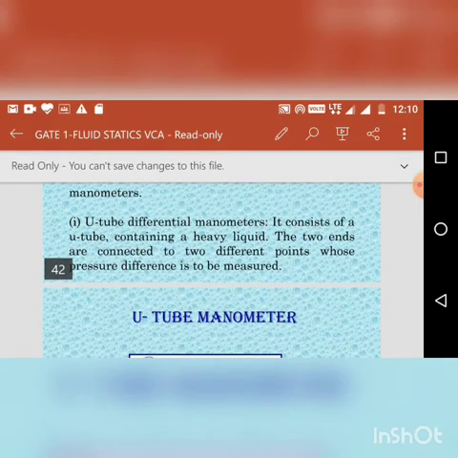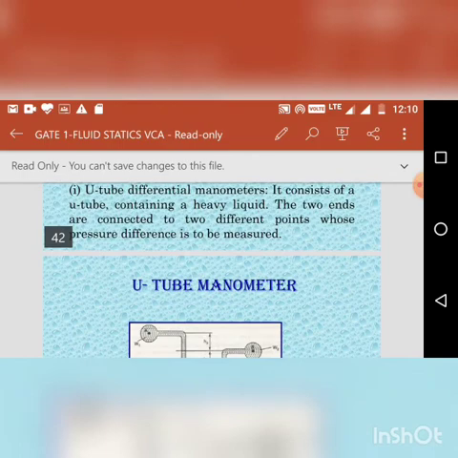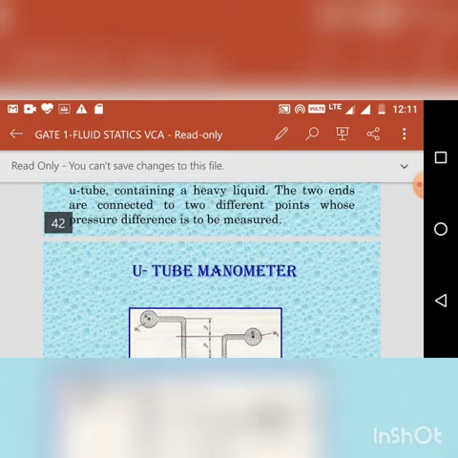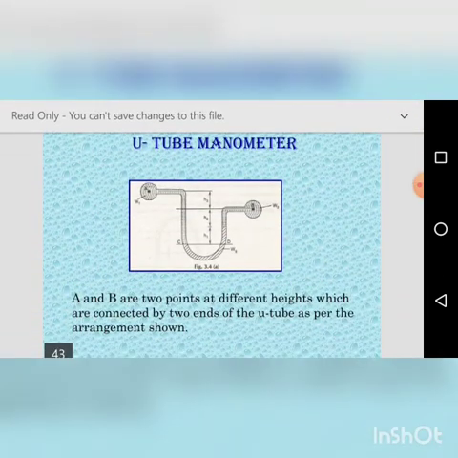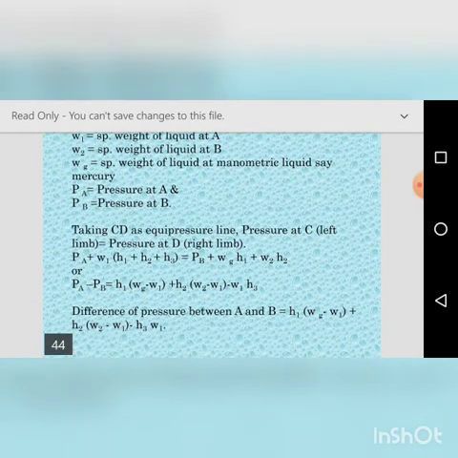It consists of a U-tube containing heavy liquid. The two ends are connected to two different points whose pressure difference is to be measured. Okay. See the sketch, it may be clear. A and B are 2 points at different heights which are connected to two ends of the U-tube as per the arrangement.